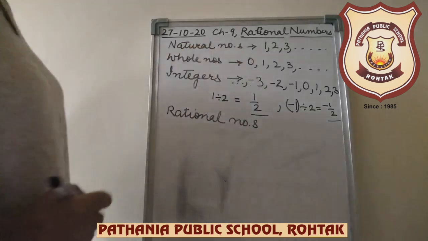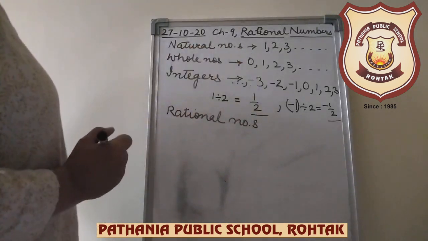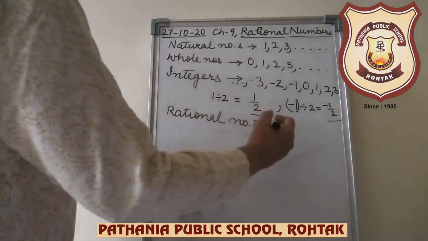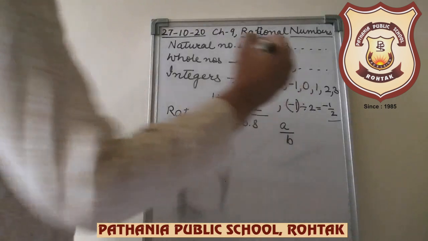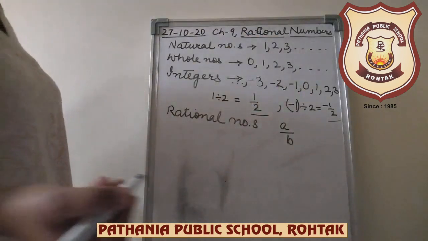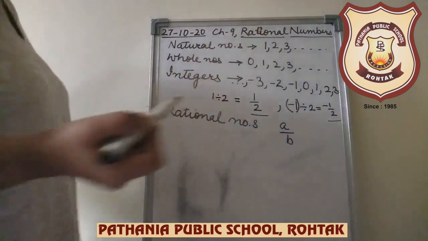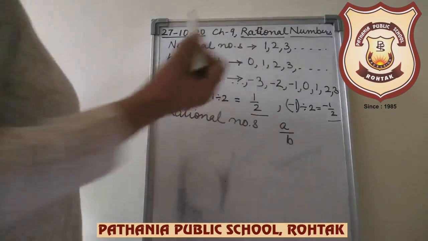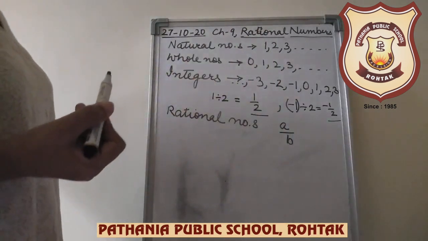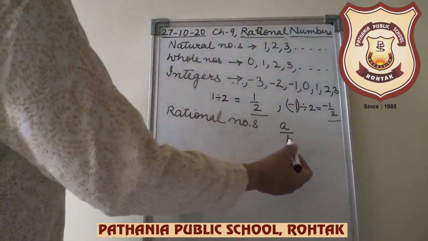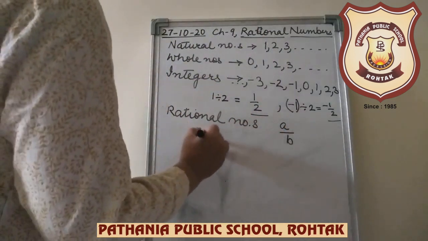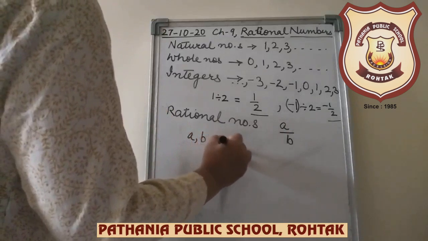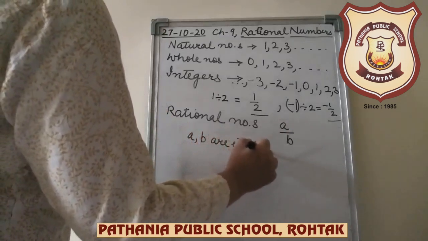The numbers which are in the form of a upon b. You can take any variable. A can be any number, b can be any number, and these are not just numbers, these are integers. A and b are integers.